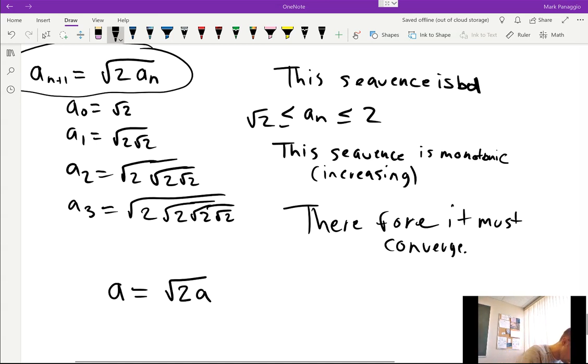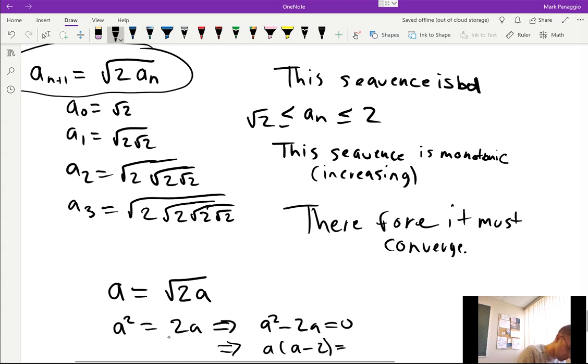And notice that if you square both sides, we'll have a squared equals 2a, or we could rewrite that as a squared minus 2a equals 0, or a times (a minus 2) equals 0. And in that case, notice a equals 0 and a equals 2 would both satisfy that.